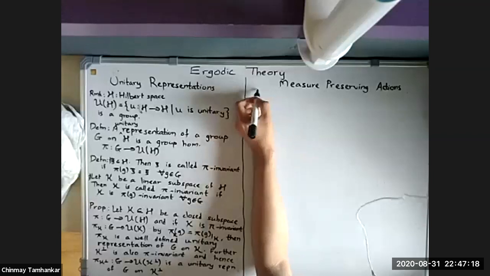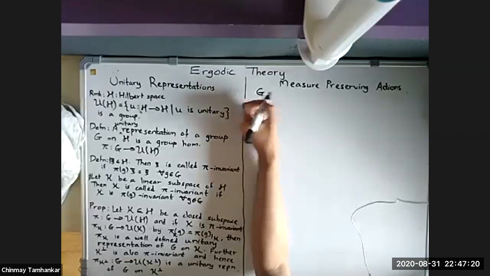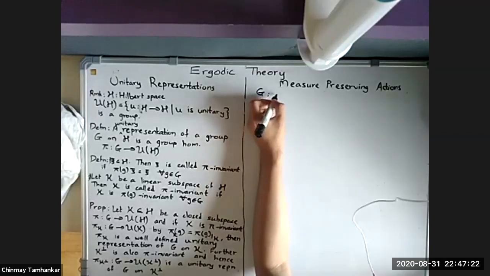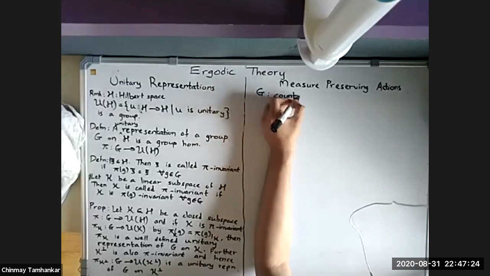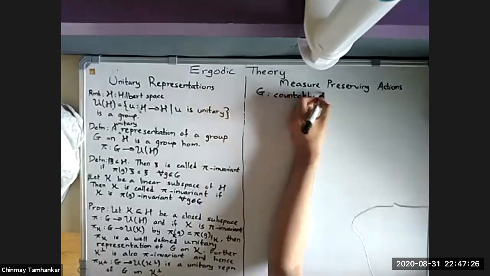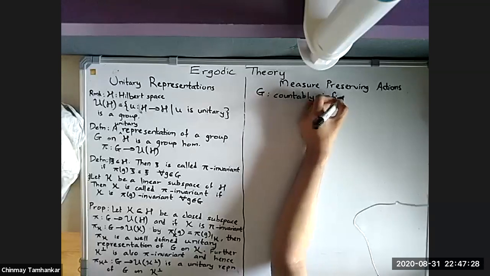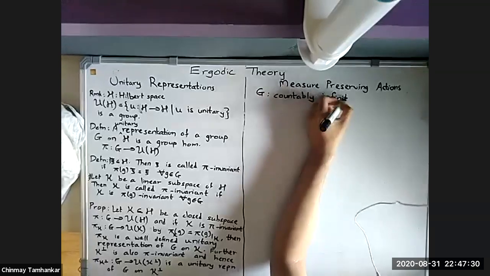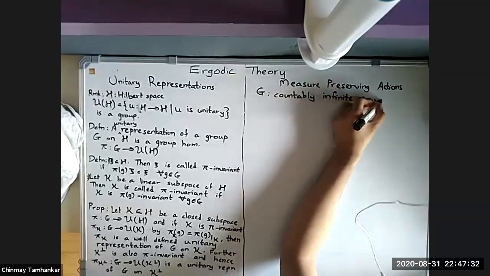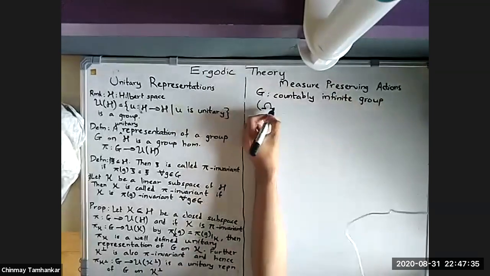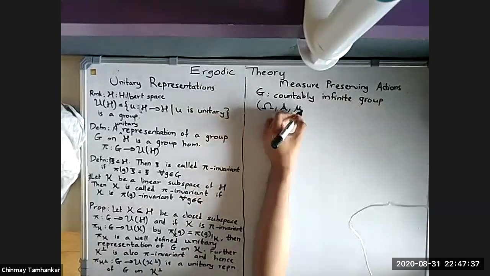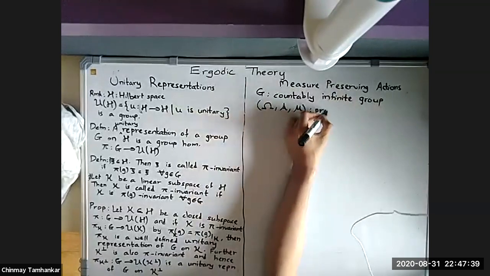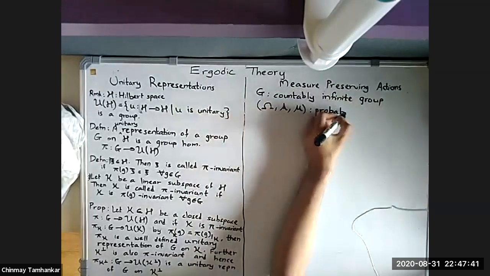In this context, we had fixed some things: G will always be a countably infinite group, and omega, E, mu is a probability space.